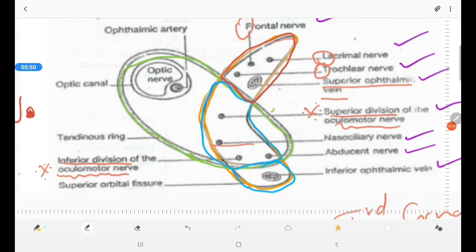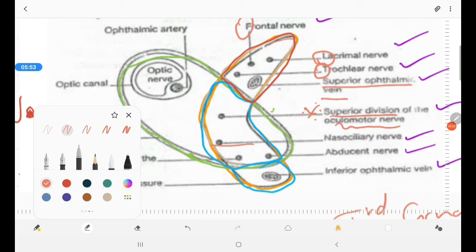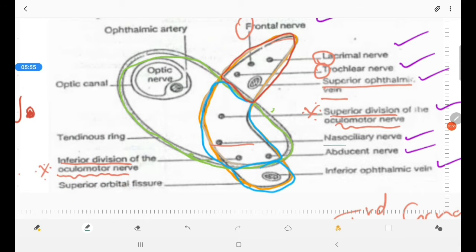Now something we always forget is the next nerve, which is the nasociliary nerve. So this is very important. Remember that the nasociliary nerve is a structure that passes through the central part of the superior orbital fissure. Along with that, we have the sixth cranial nerve, which is the abducent nerve.